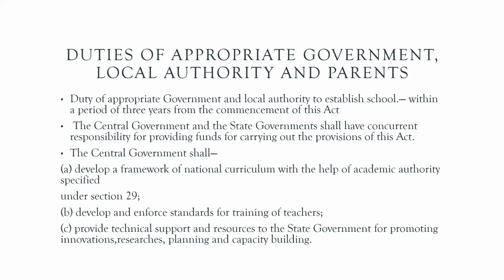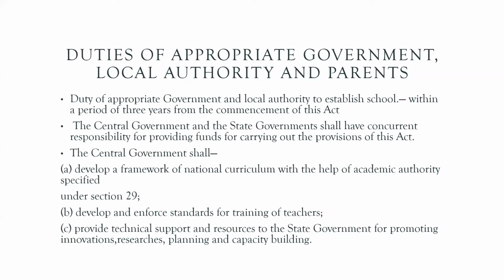So in case you get to know that in a particular locality there are no schools, please cite this. Please ask the appropriate authorities in the local places. They could be the revenue divisional officers or the collectors. Please bring it to their knowledge that a school has to be established. And if it is not being established, then the whole purpose of the act does not come into existence.